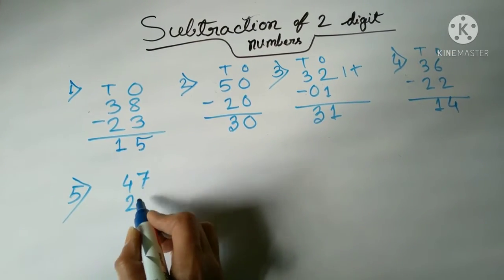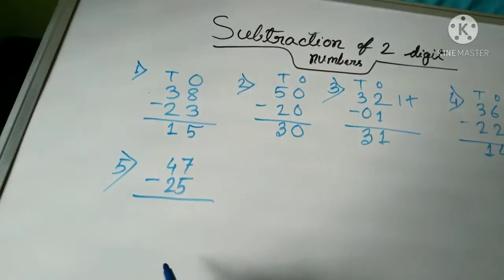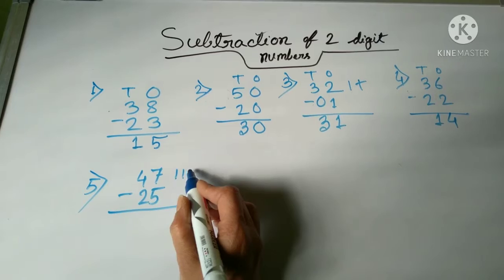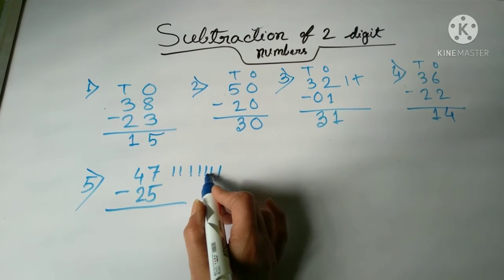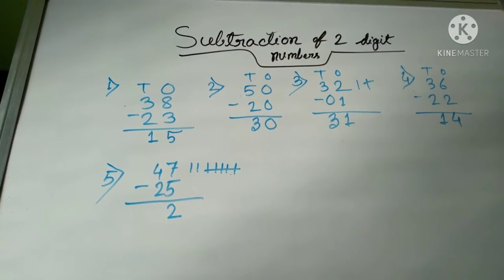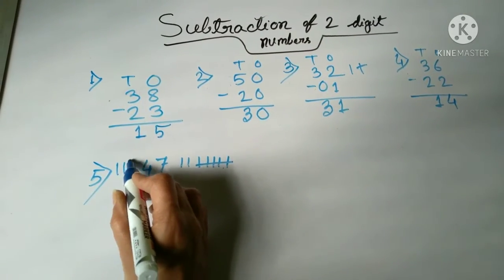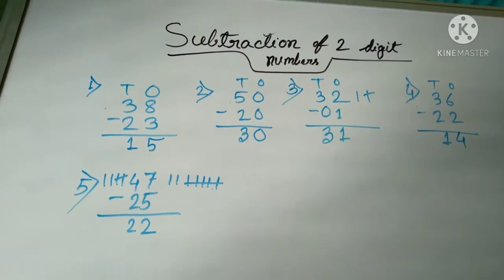Next, number 5. 47 minus 25. 1, 2, 3, 4, 5, 6, 7. Cross out 1, 2, 3, 4, 5. Remaining standing lines are 2. 1, 2, 3, 4. Cross out 2 of them. 2.